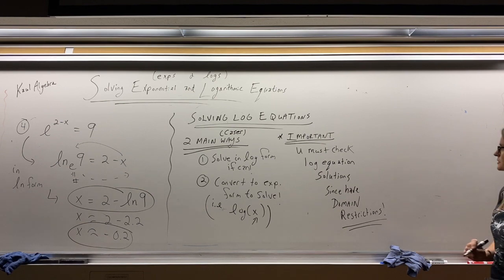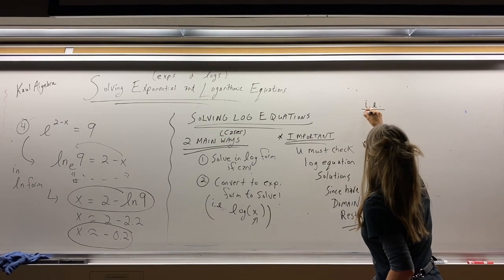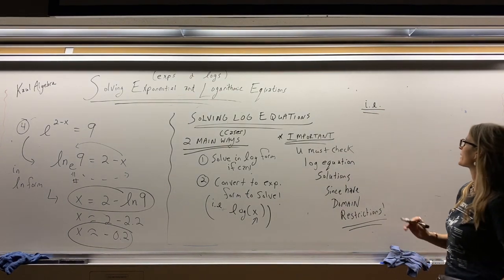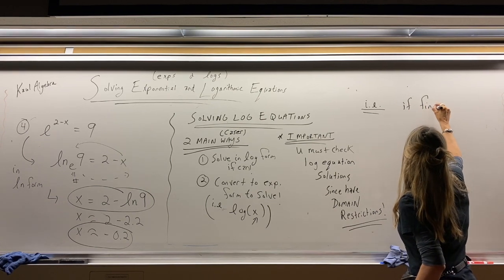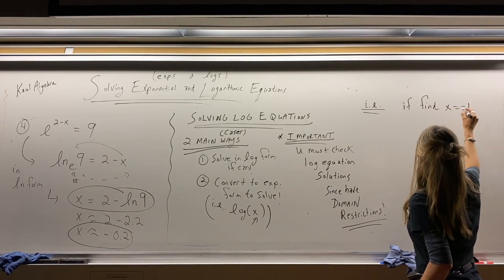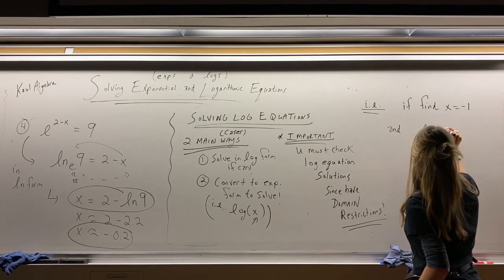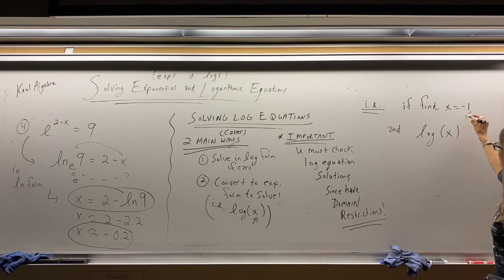You have to make sure that you don't have a negative or zero that's produced in the argument. So if you find, let's say, x equal to -1 and your equation is like log of x, okay, this is not possible.